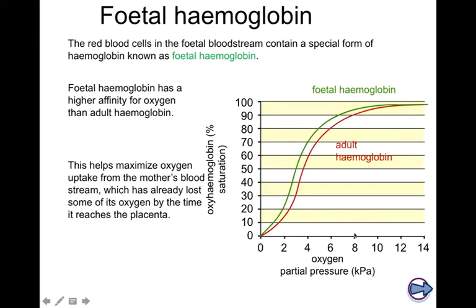That means at lower partial pressures, it's saturating more of the hemoglobin. If we just take 6 here as an example, it's 80% here, it's 85 to 86% here. So it's able to take on more oxygen at lower partial pressures, and because the fetus is being supplied at lower partial pressures of oxygen, that's useful.